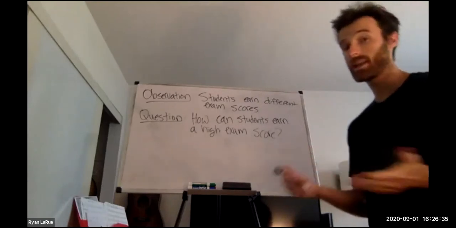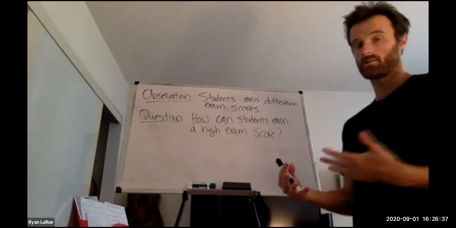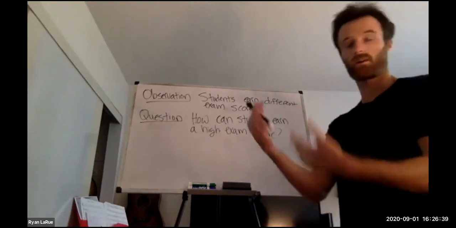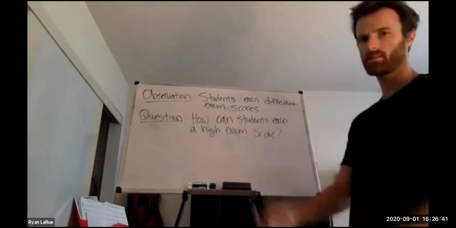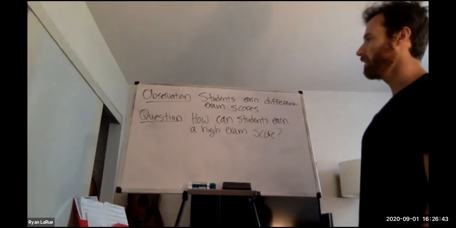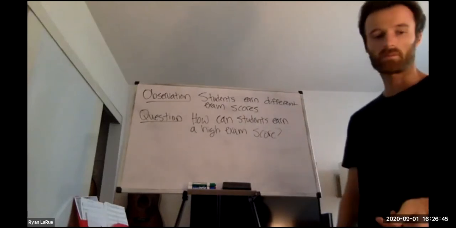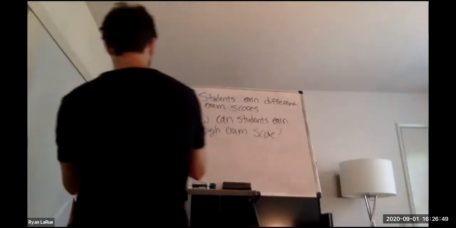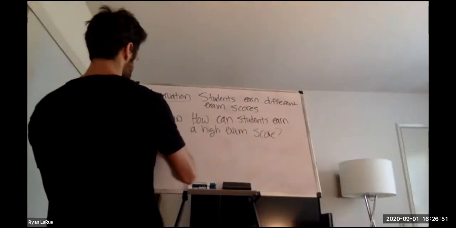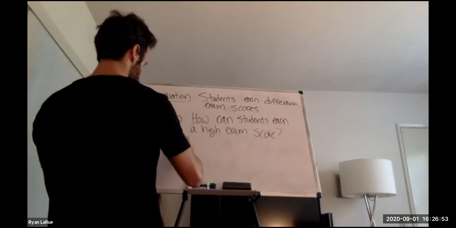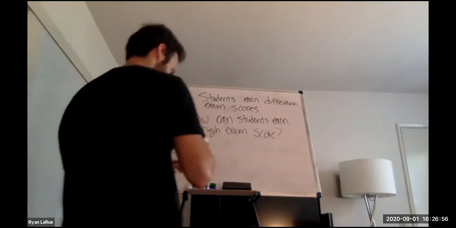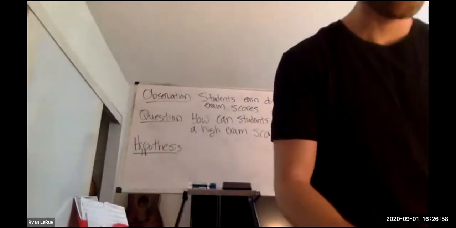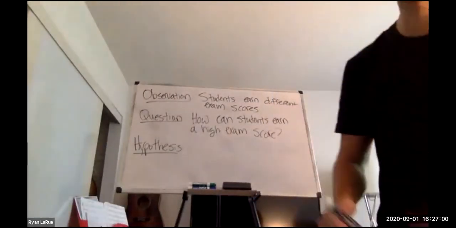Students who are genetically predisposed to be better in science than they are in English. Plenty of things we can come up with. My example is about office hours, so let's do that. So the hypothesis could be students who attend office hours earn high exam scores.